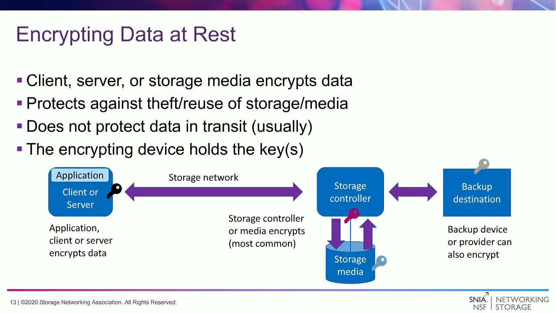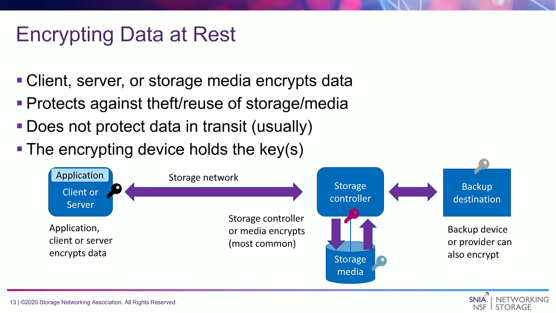So the encryption of data at rest protects against the theft or reuse of the storage media. So it protects in case somebody steals the server or the hard drive or the flash drives, or if someone bypasses network security and manages to get directly onto the media, then encryption can help prevent unauthorized use or access of that data.